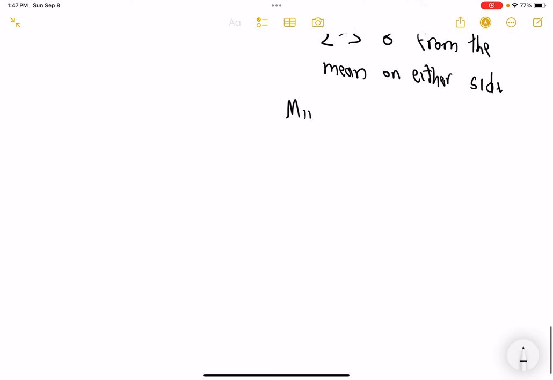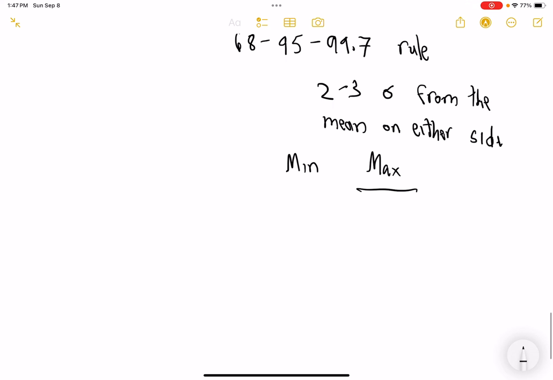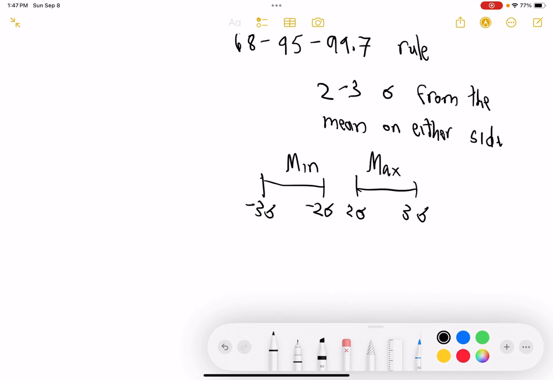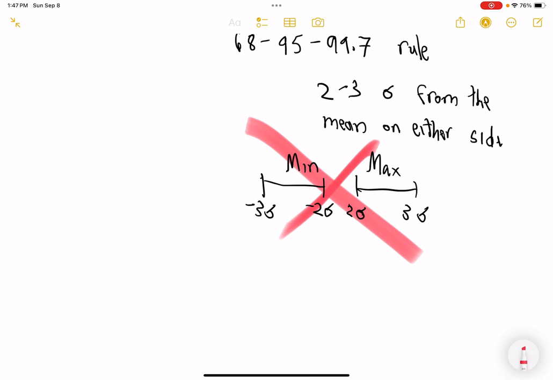That's where your min and max should sit. So your max should sit between 2 standard deviations and 3 standard deviations from the mean, and your min should sit between -2 standard deviations and -3 standard deviations from the mean. And if either of those does not prove to be the case, for any reason, we are done calling this normal. We say not normal.